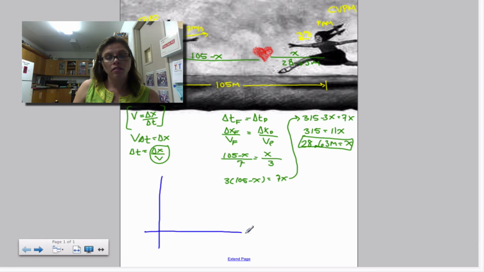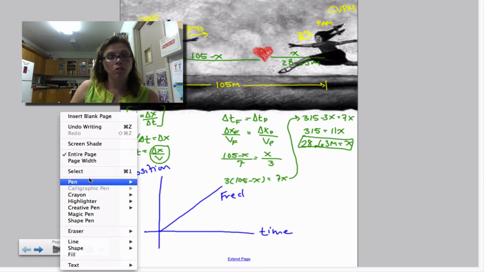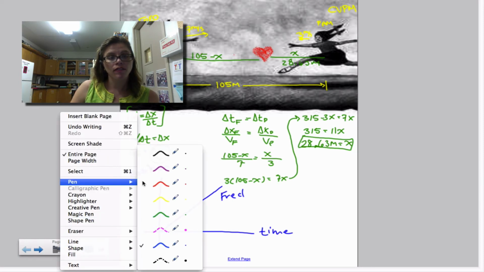We know that this is always time and that this is position. And Fred, let's say Fred's at the origin and he has a pretty steep slope like this. But we'll do Pam in a different color.